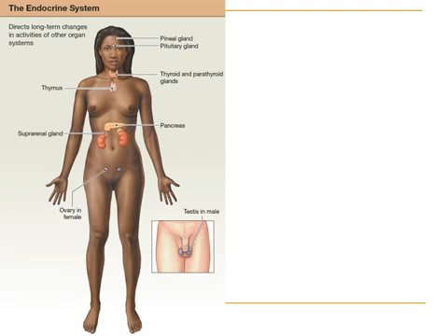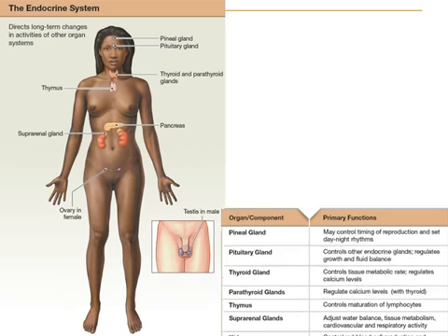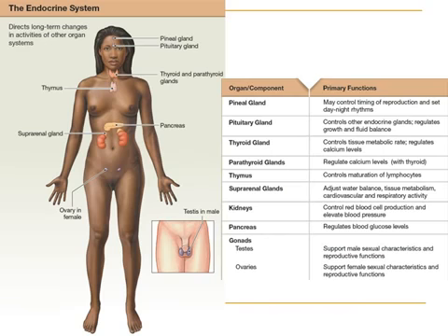And we have another system, that is the endocrine system. This endocrine system is composed of the different endocrine glands, like the pineal gland that is present in the head, on the posterior side of the brain. This pineal gland acts as a biological clock that regulates the day-night rhythm, and it also controls the timing of reproduction.